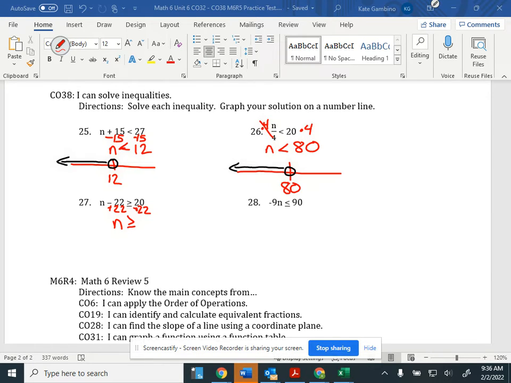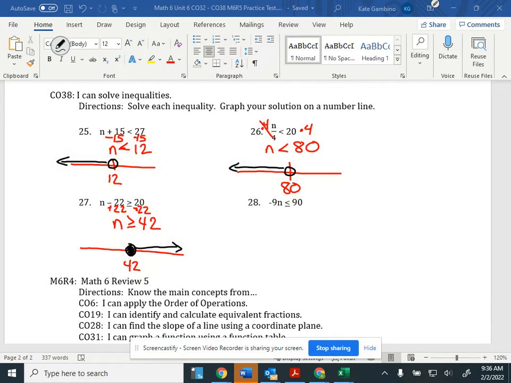What is 20 plus 22? 42. So now I need to graph that. I'm going to go to 42 on my number line. Is my circle going to be an open circle or filled in, Landon? Filled in because there's an equal underneath it. Then greater than points to the right, so my arrow goes to the right.